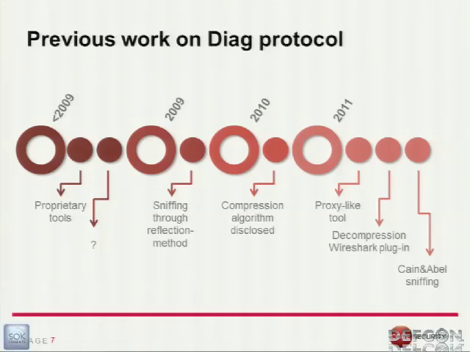The main one and the most interesting is a proxy-like tool that was released by Zenpost, and it's a Java application that you can run to proxy communications between a GUI and the application server. Additionally, the compression plugin for Wireshark was also released, and some sniffing capabilities were added to Cain and Abel to get credentials as well.